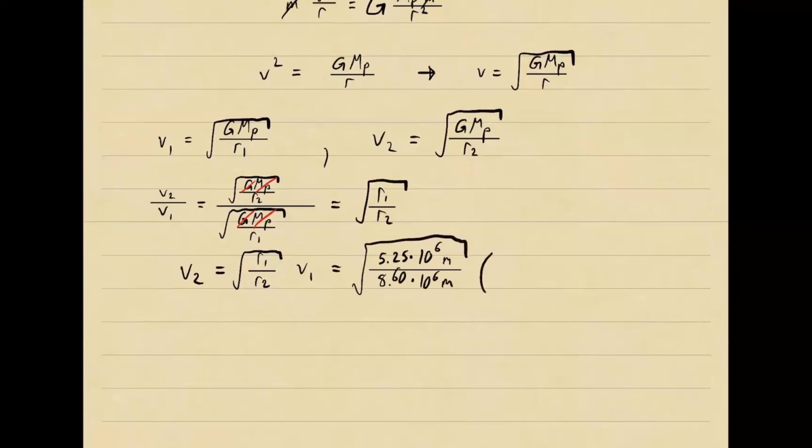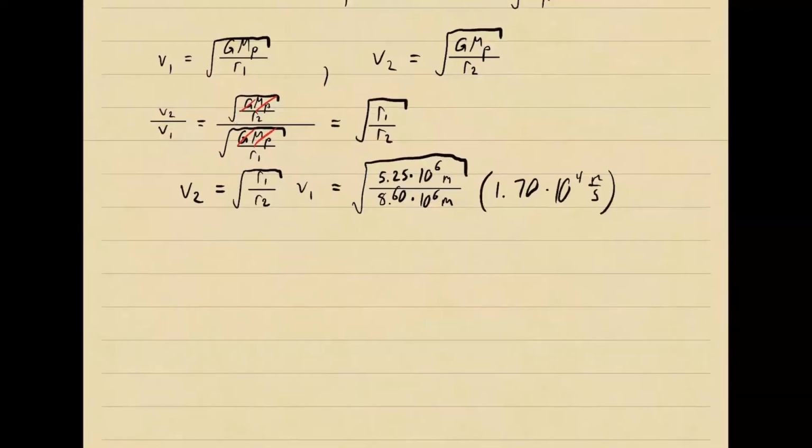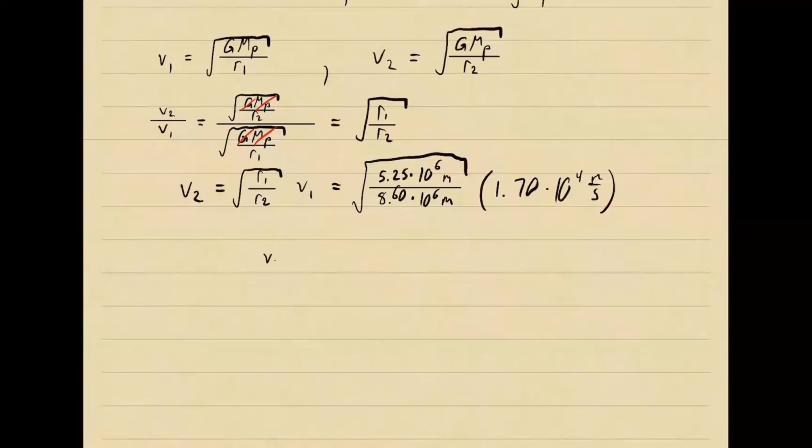Then we multiply all that by v1, which the problem tells us is 1.7 times 10 to the 4 meters per second. If you punch this into a calculator, we get that the speed of the second satellite is 1.33 times 10 to the 4 meters per second. So that's the answer to the second problem.